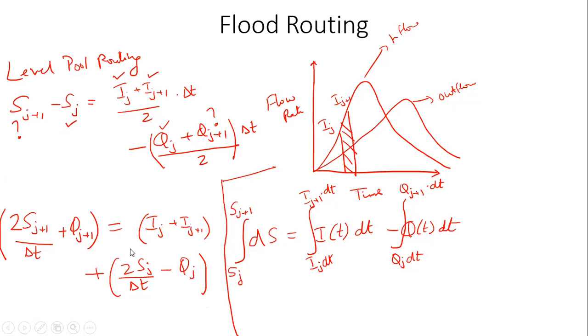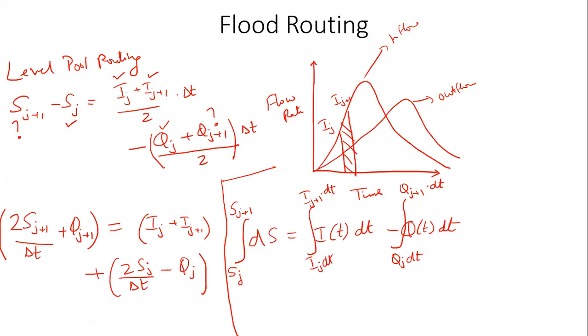So I will compute what this number is. 2S by delta T plus Q will be known at time step j plus 1, because I know all the values on the right hand side. I know Ij, I know Ij plus 1, I know Sj, I know Qj. Can I not solve for this entire right hand side? I can, for a given delta T. So then I know the entire left hand side.